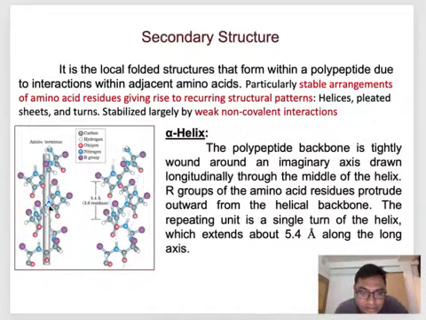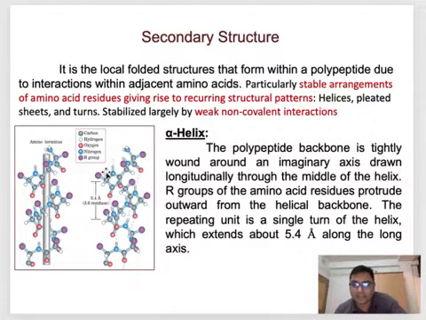You can see this is an imaginary axis. And the R groups, this brown color one, you can see the R groups of the amino acid residues, protrude outward from the helical backbone. This is the backbone, and the amino acids are protruded outward, right?